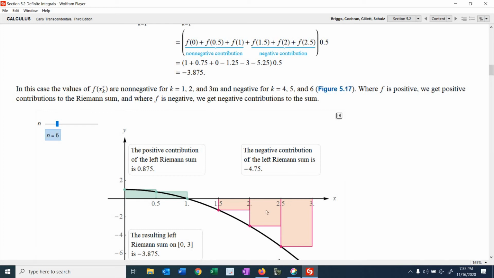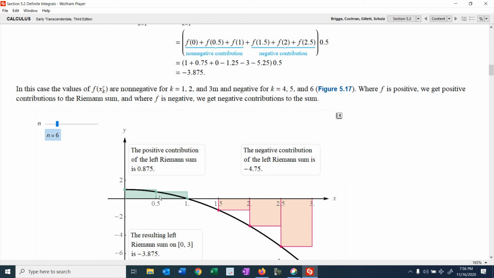Notice that each of these 3 rectangles gives you a negative contribution in the Riemann sum because the function's below the x-axis, whereas these two rectangles over here give you a positive contribution.